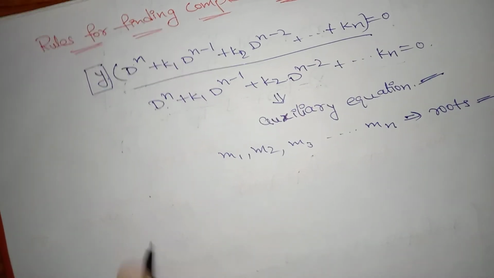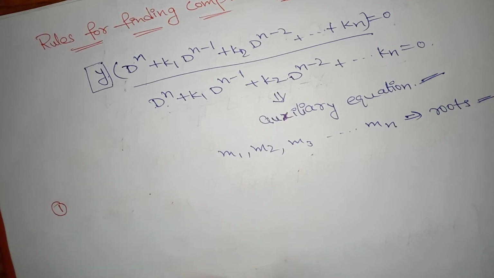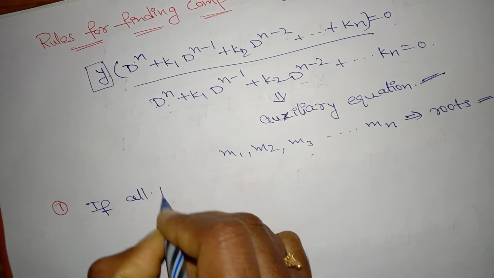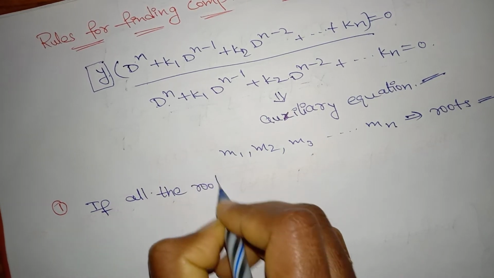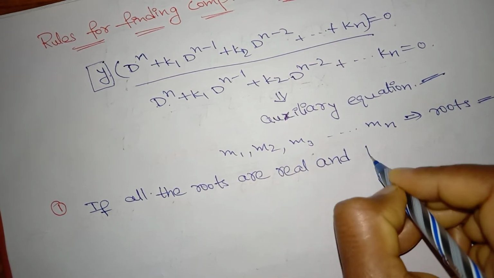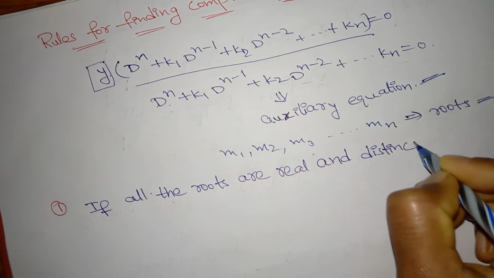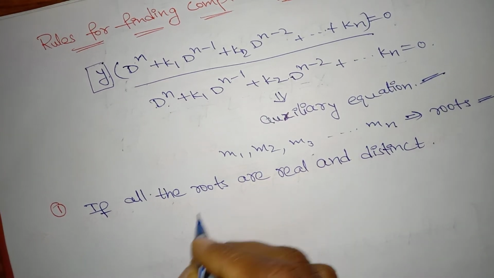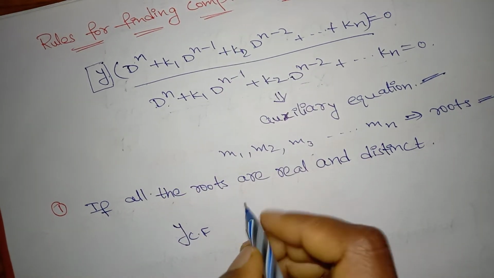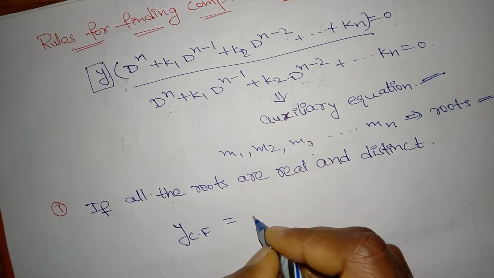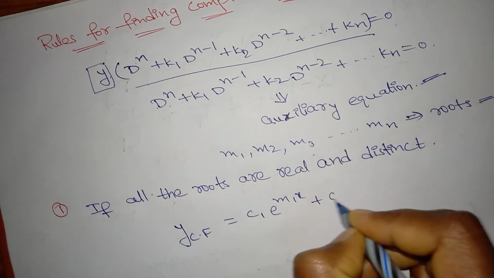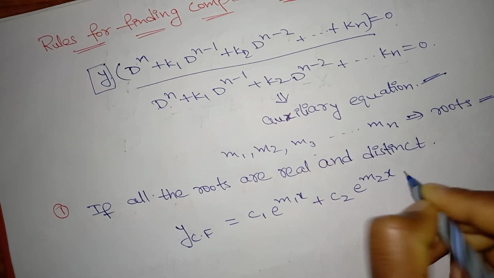Now the first method: if all the roots are real and distinct, then the complementary function will be written as c1 e power m1x plus c2 e power m2x.